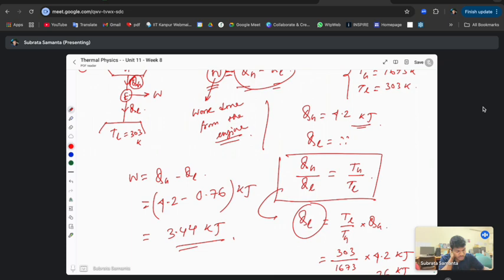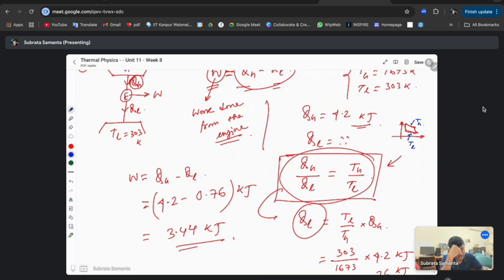I think these relations are easy to prove. You have to use the two adiabatics and two isotherms: isotherm, adiabatic, again isotherm, and adiabatic. This is a reversible cycle, and by using these four properties you can derive this. Here the temperature is constant, TH on one isotherm and TL on the other.